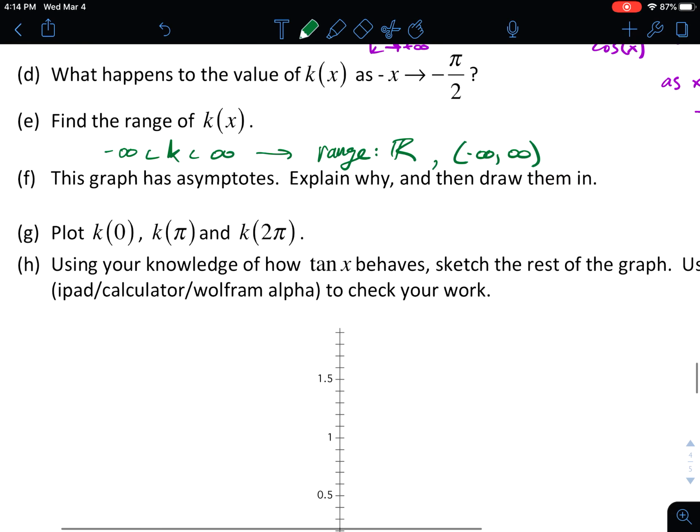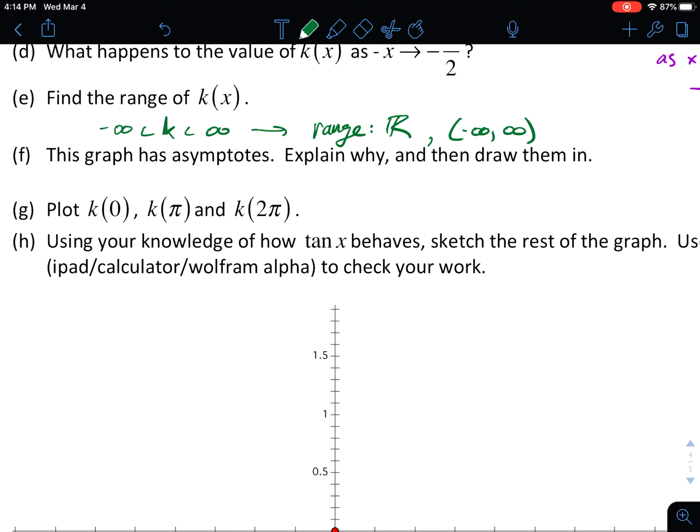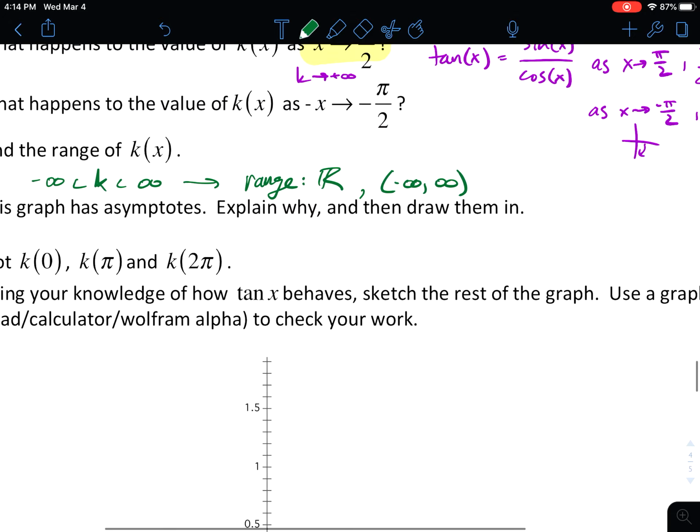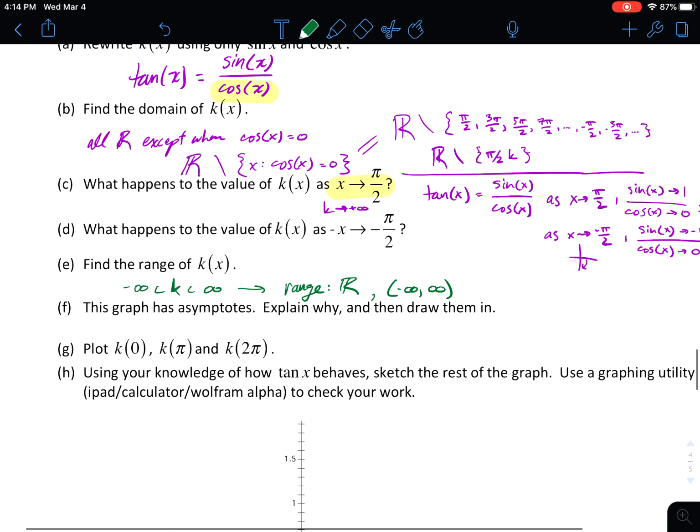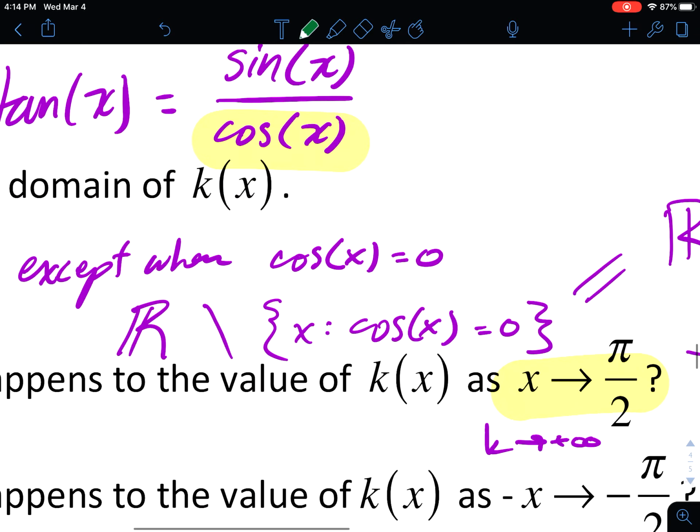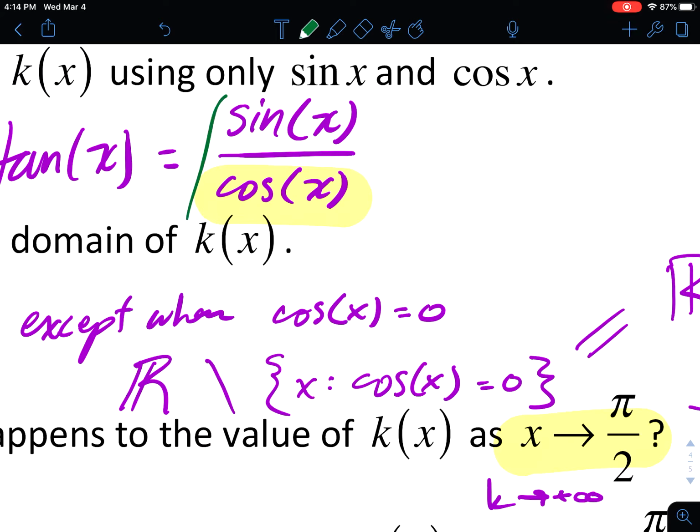If you're not sure about that, stick with me as we graph it, because once we graph it, I think it'll make more sense. This graph has asymptotes. Explain why and then draw them in. Well, it must have asymptotes because we have a rational function here.